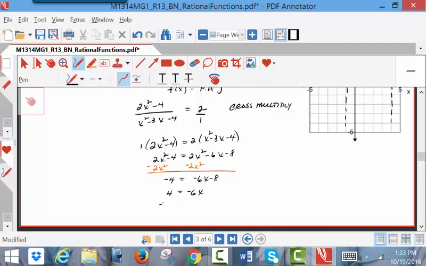And then when you divide by negative 6, you get negative 4/6. So yes, f of x crosses the horizontal asymptote at x equaling, well, negative 4/6, which is negative 2/3.